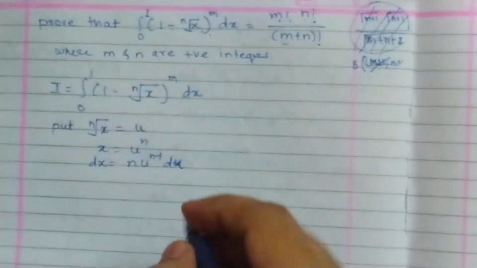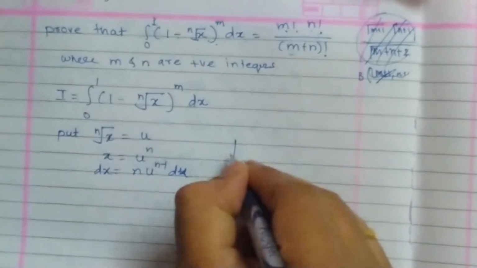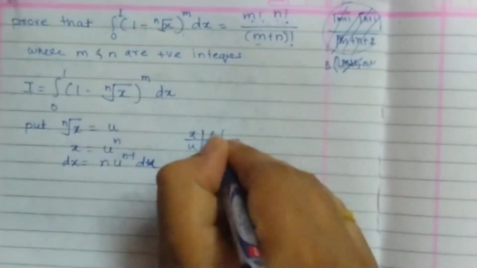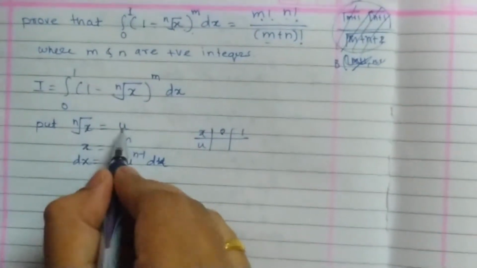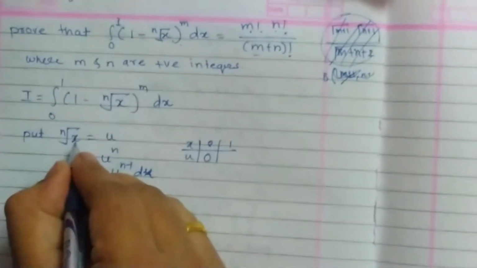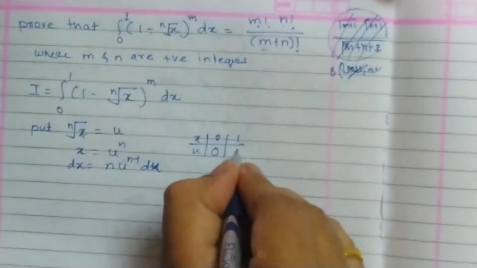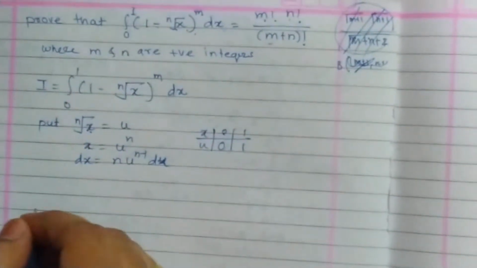Okay. Now, what is the change in the limits? The lower limit of x is 0. When I substitute x is 0, u is also 0. When I substitute x as 1, nth root of 1 will be 1. So this way we get the same limits.